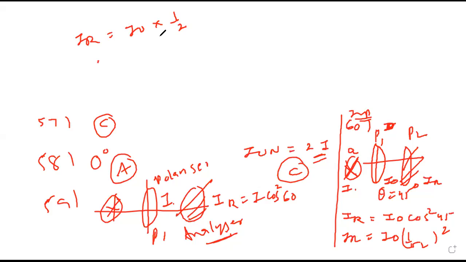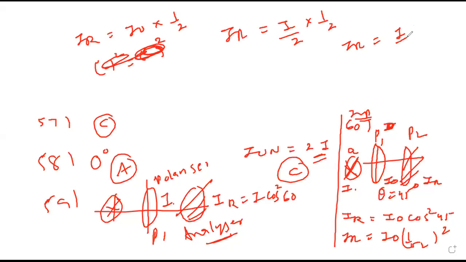Now this intensity is square of amplitude. So IR equals to I by 2 into half. So intensity is I by 4.